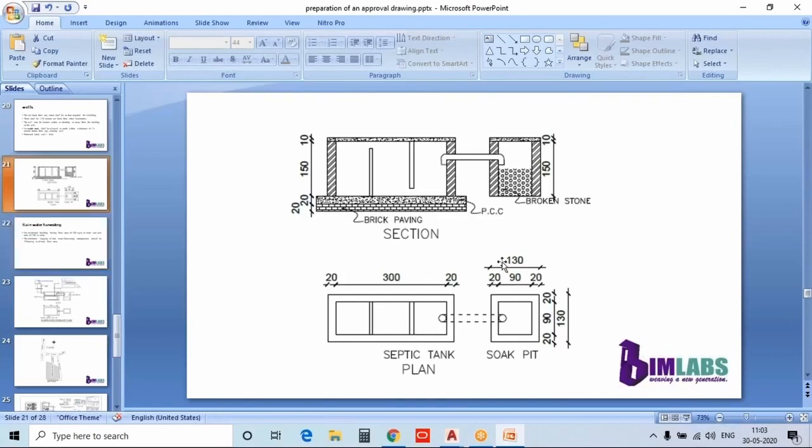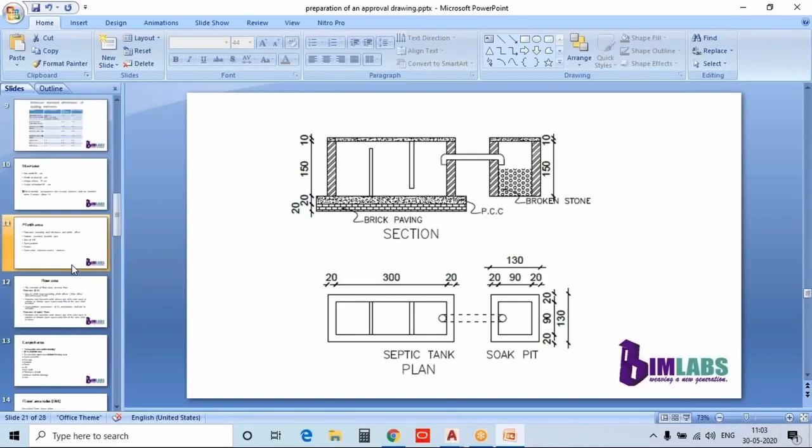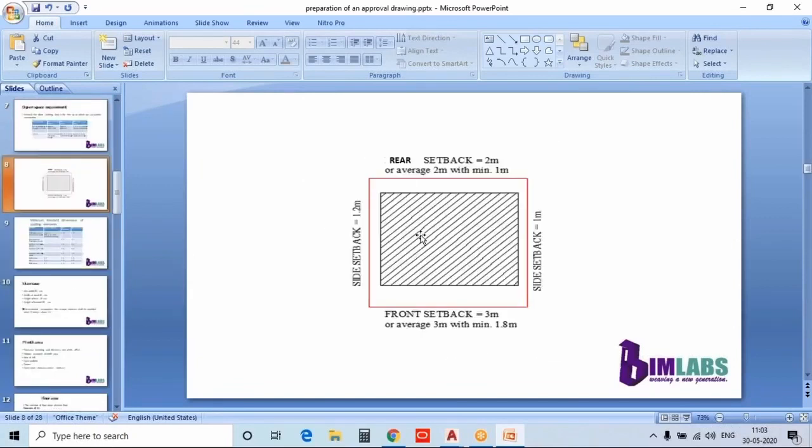Okay, ma'am. Next question is, what are the plot margins to be left for a residential building while planning? I already told that. First of all, you have to make the site plan. Then, after making the site plan, you have to leave plot margins, or setbacks, according to your municipality building rules.